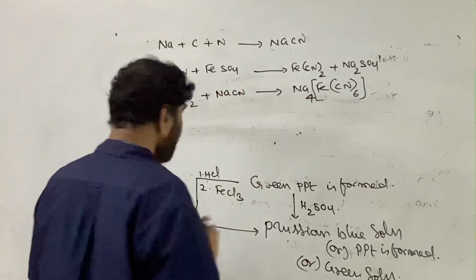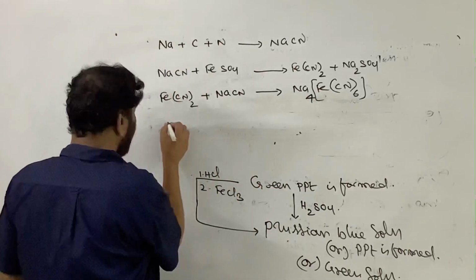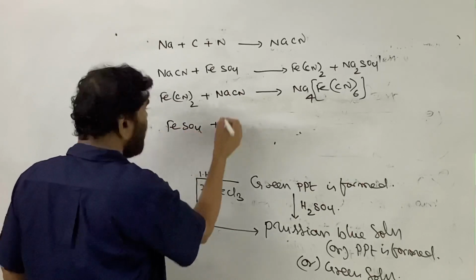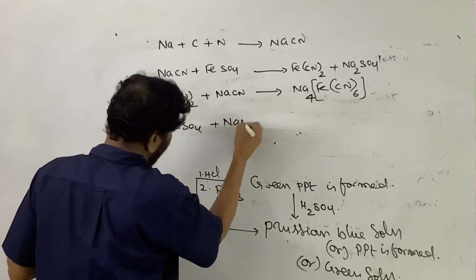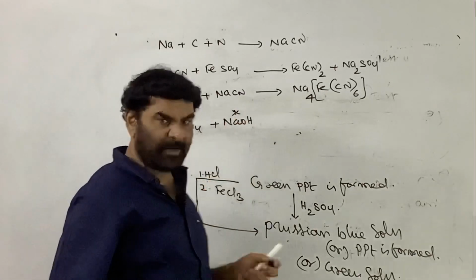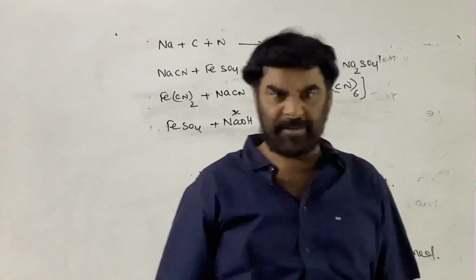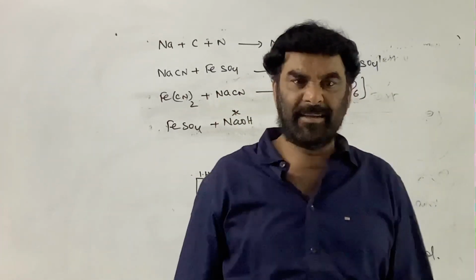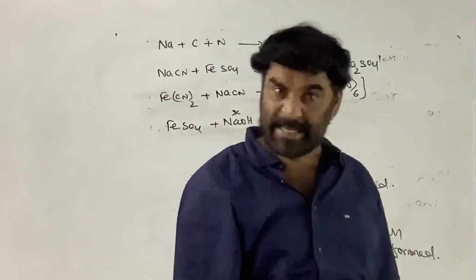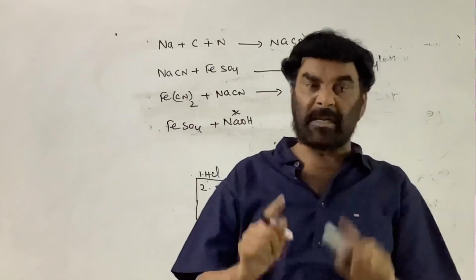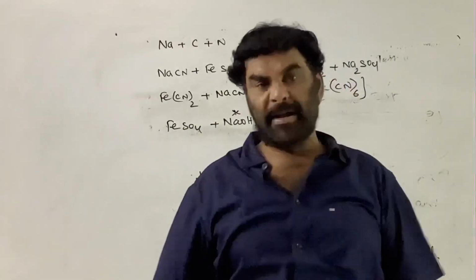And what is the green precipitate? The ferrous sulfate added also reacts with sodium hydroxide. Where does the sodium hydroxide come from? Because we use excess metallic sodium, the leftover sodium reacts with water and sodium hydroxide is formed.